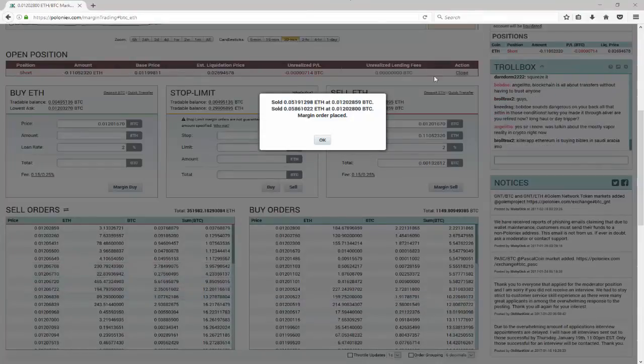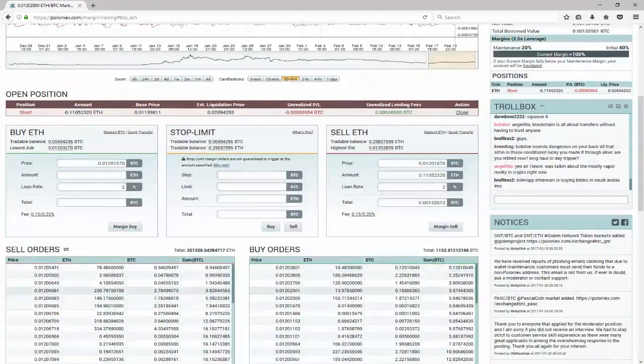So as you can see here, it says I've sold this amount of ETH and the order was placed and executed. So it shows that I'm short, tells me the amount that I'm short, tells me the base price, the estimated liquidation price.